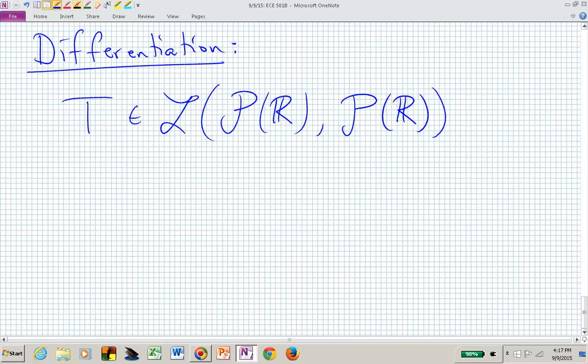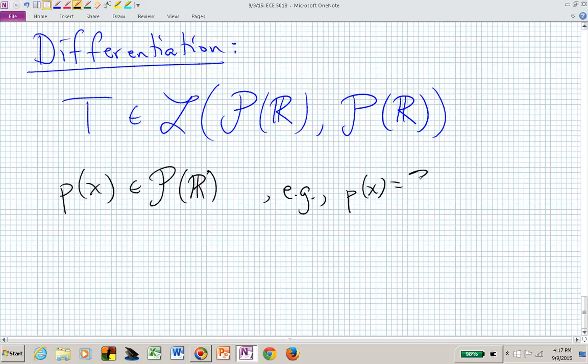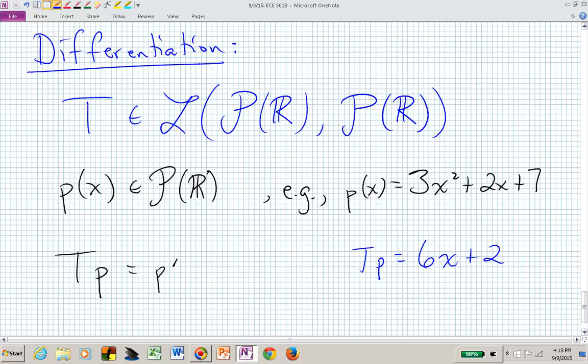If we have P of X, for example, let's say P of X happened to be 3x squared plus 2x plus 7, then what we're really saying is this map T, this differentiation map, operating on P is the same as differentiating the polynomial P of X with respect to X. Where in our example, TP is now 6x plus 2.